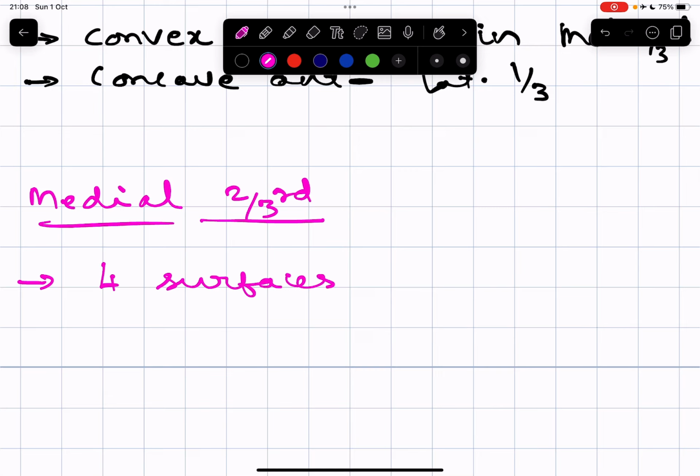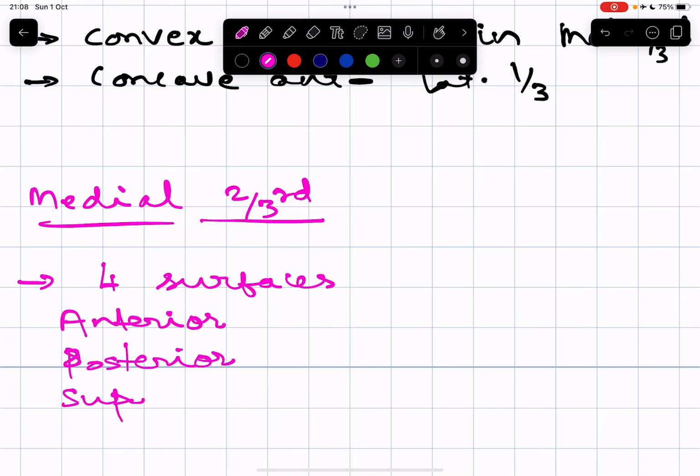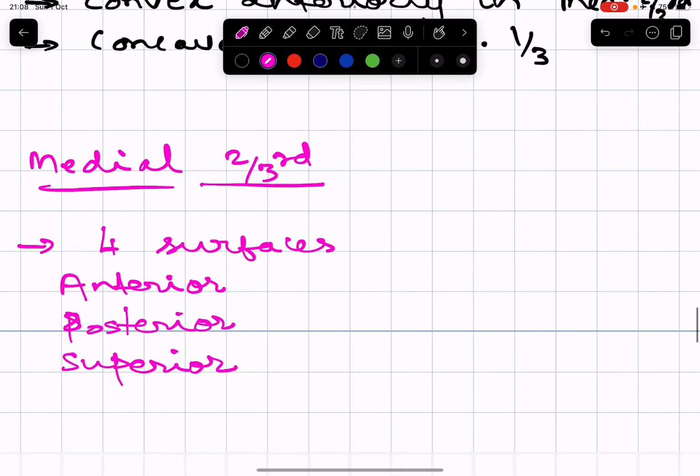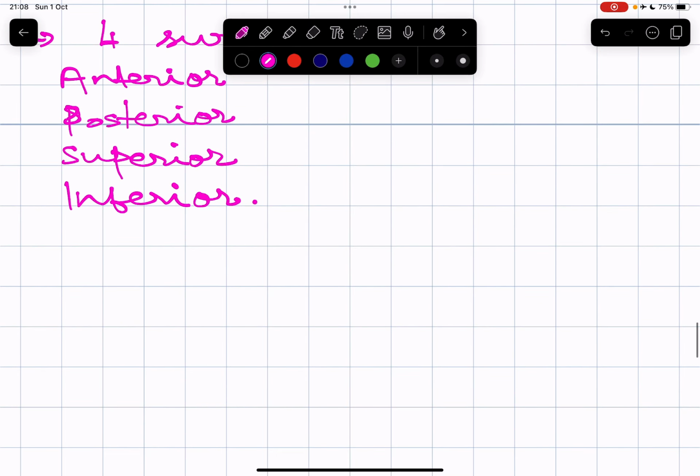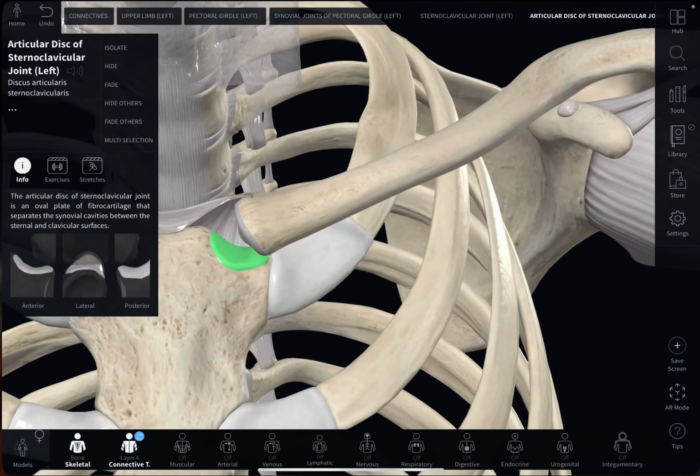The surfaces are separated from each other by rounded borders. What are the surfaces? There is the anterior surface, the posterior surface, the superior surface, and the inferior surface.